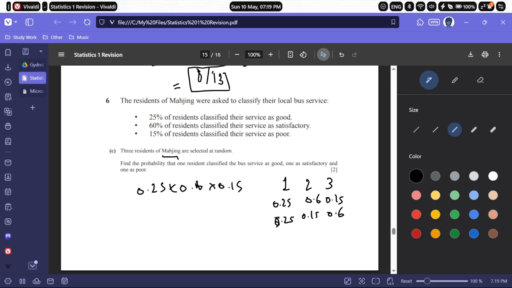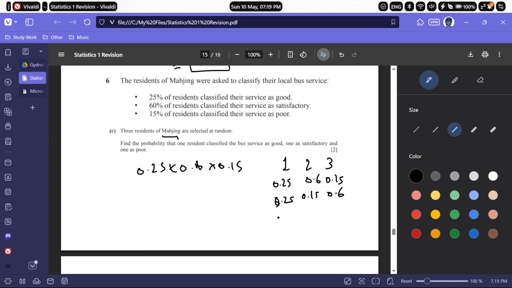So you have to consider all the cases where the residents classify differently. Then moving on, 0.6, so you have 0.25, 0.15, what else? 0.6, 0.15, 0.25, okay.